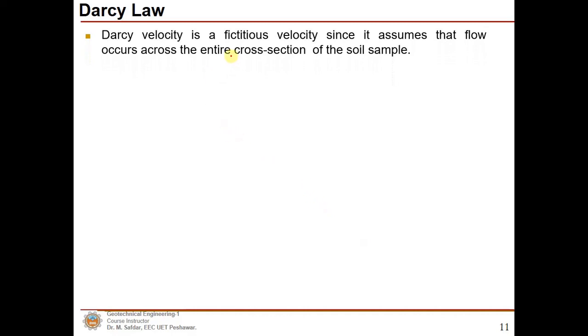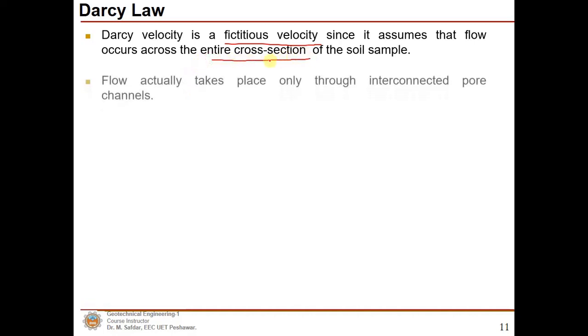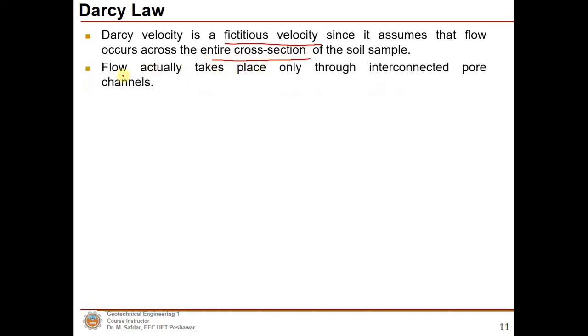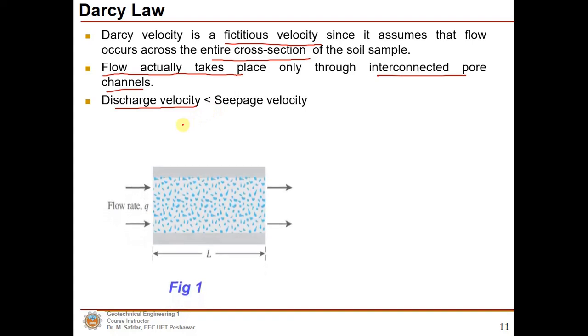Now Darcy velocity is a fictitious velocity since it assumes that flow occurs through the entire cross section of the soil sample. But we know that flow actually takes place only through the interconnected pore channels. Discharge velocity is less than seepage velocity.